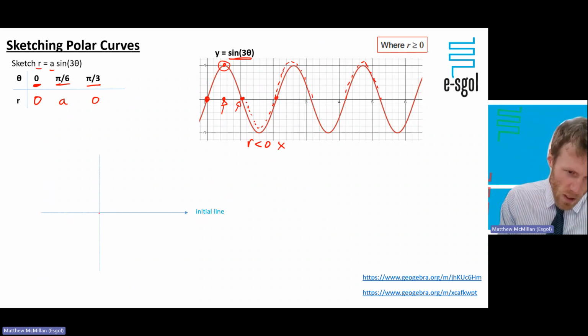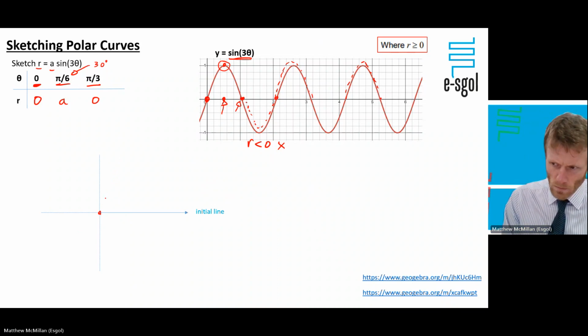So on our graph, we're starting where this red circle is. And as the angle increases to pi over 6, now some people might get a little bit confused with pi over 6. That's about 30 degrees, if you prefer that. So we're getting out to about 30 degrees, which is going to be there.